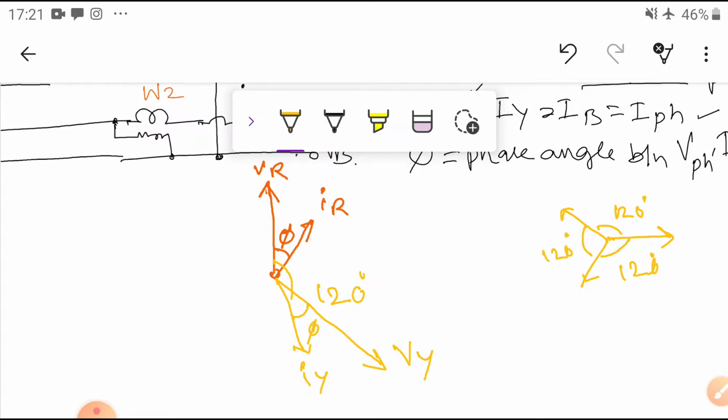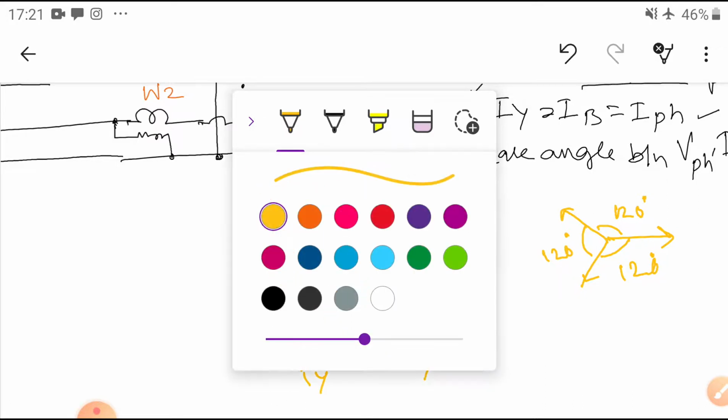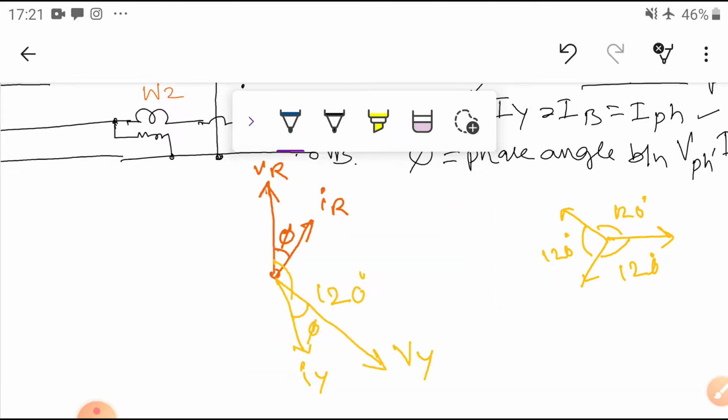Now take the B phase, here 120 degrees. This is the VB phase value. Correspondingly, the current IB lags by the phase angle phi B, the same phase angle.